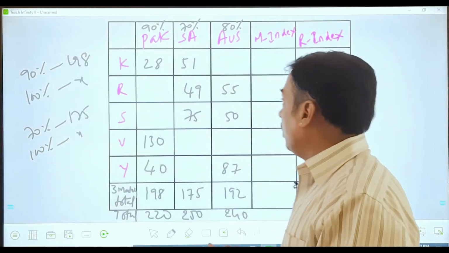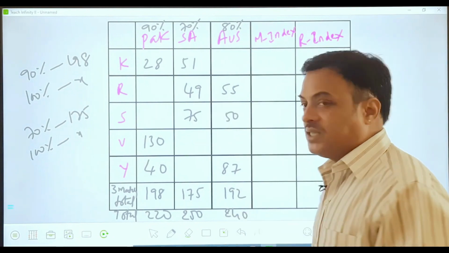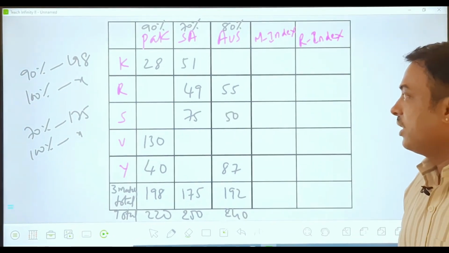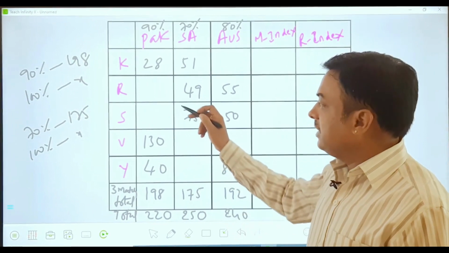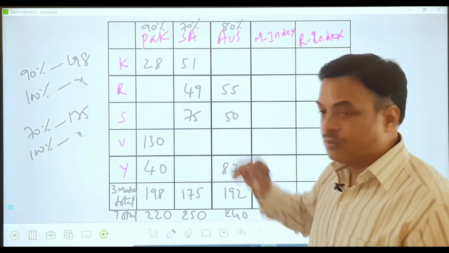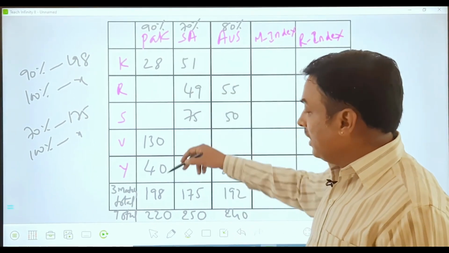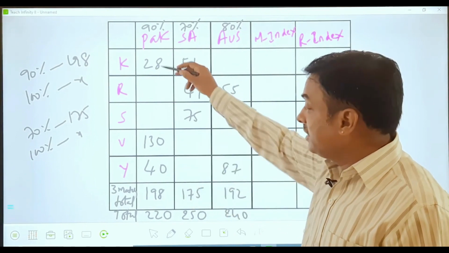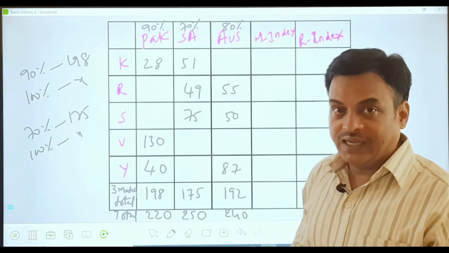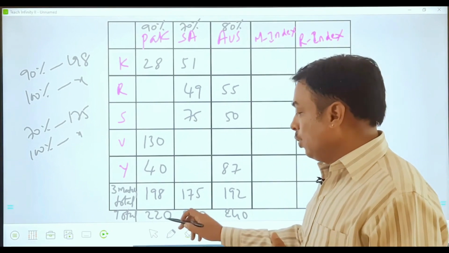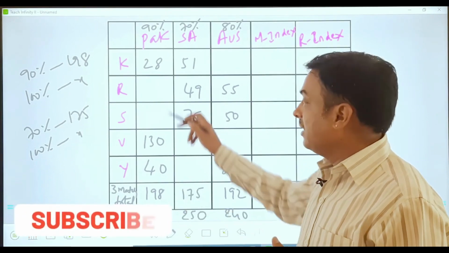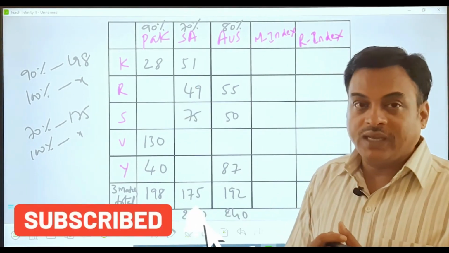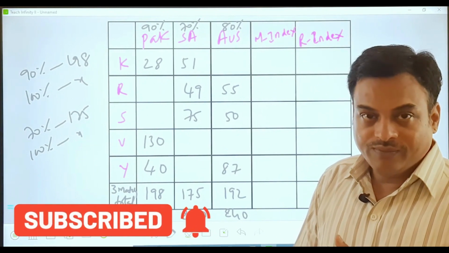Now, how to find out these other numbers is the major target for us. Let us see what numbers are possible here. If you look at the total, I got 198 for the top 3 numbers. What is the leftover? 220 minus 198. The other 2 players have to make 22 more, right?